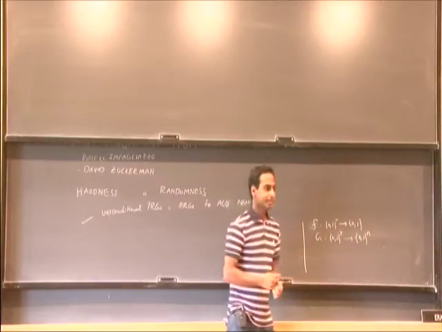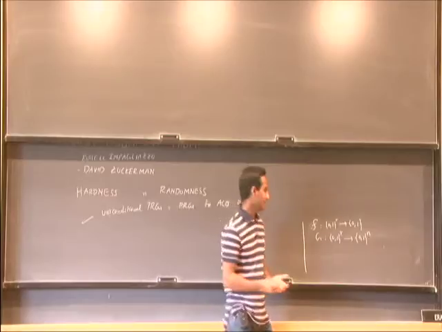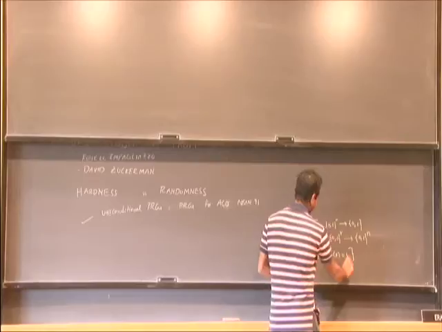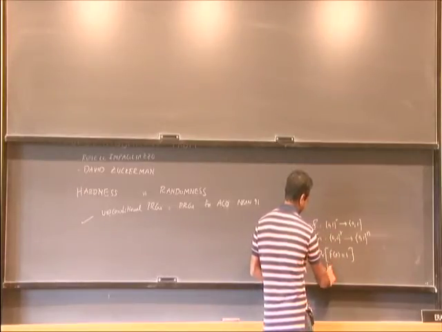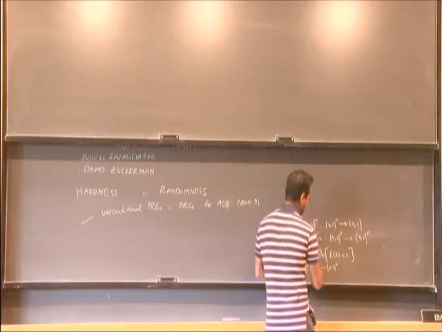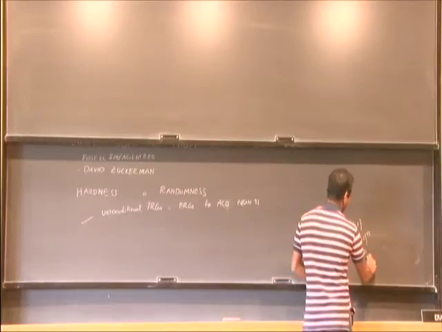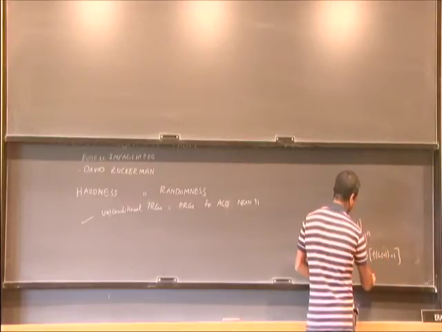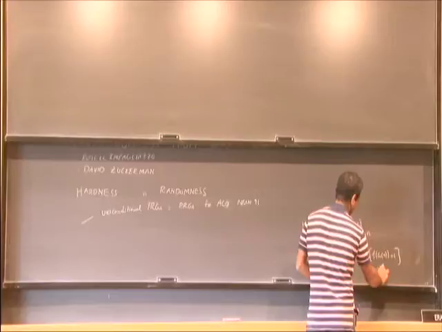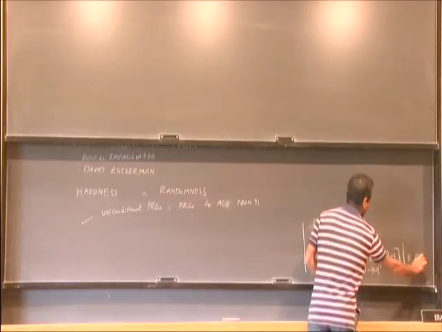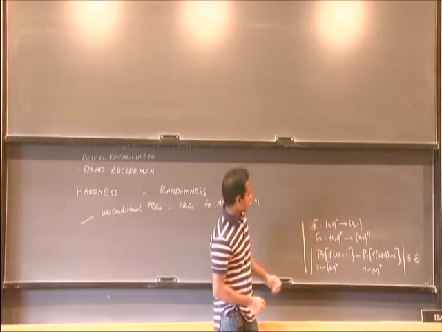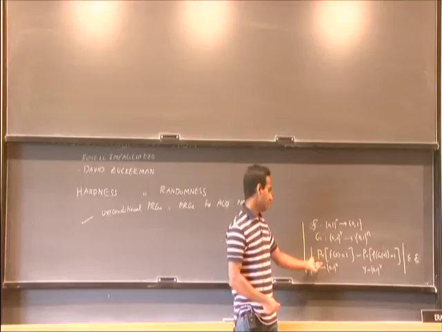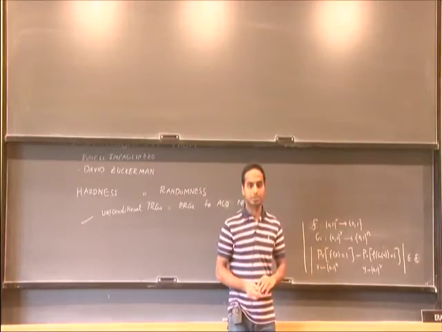We'll say g is a PRG for f with error epsilon if the probability that f of x equals 1 when x is drawn from the uniform distribution over all n-bit strings is close to the probability that f evaluates to 1 when the input is chosen according to the generator.